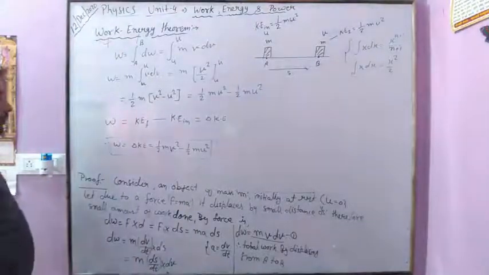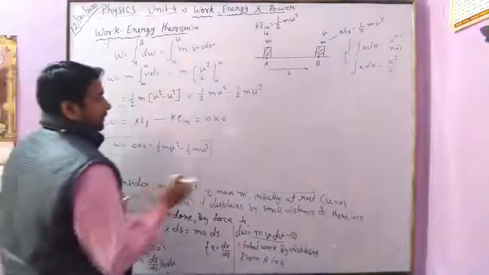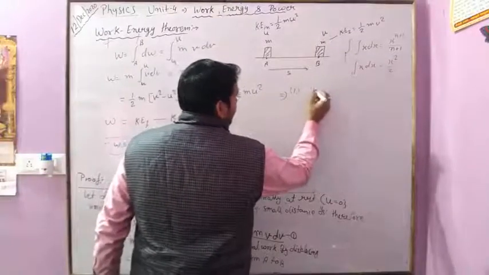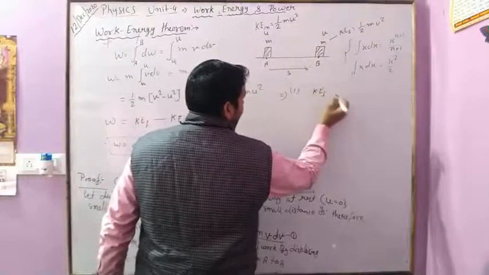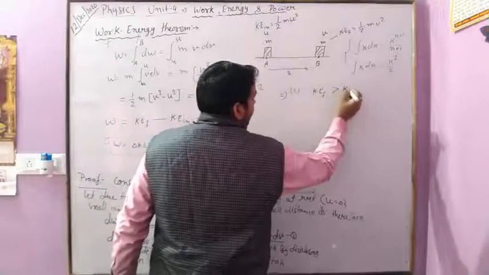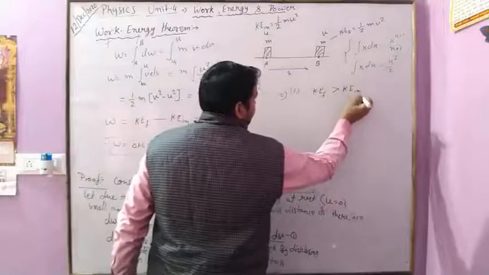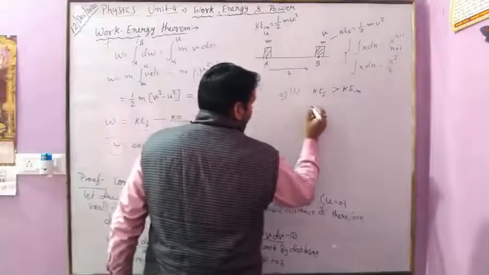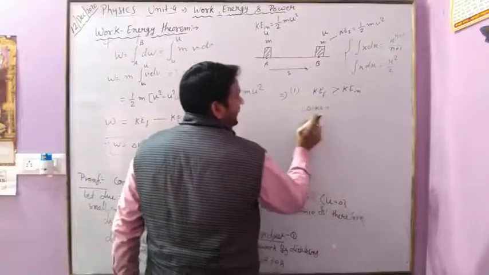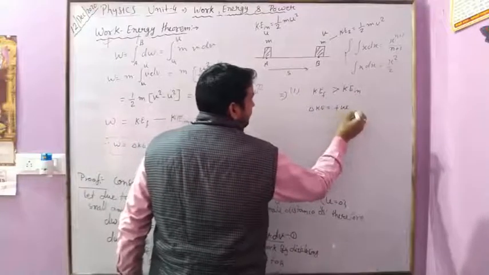Okay. Now from here we have two kinds of situation. That case 1, if K final kinetic energy is greater than initial kinetic energy, therefore we can say that del K E, which means change in kinetic energy, is positive.